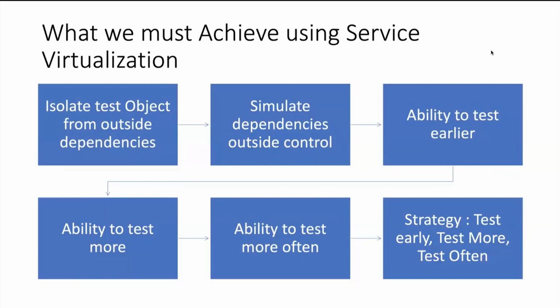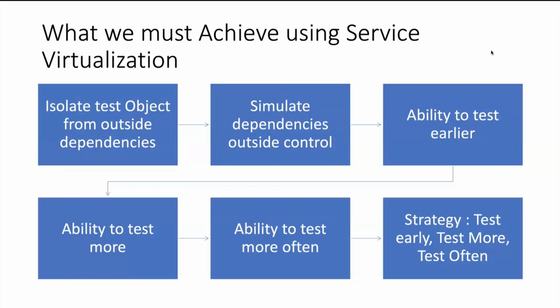Now understand one thing. Sometimes, when I go through certain frameworks, I get confused about these two terminologies, stubbing and service virtualization, because they are not well demarcated. When you read the theory behind them, you'll find that they are talking about a similar thing.